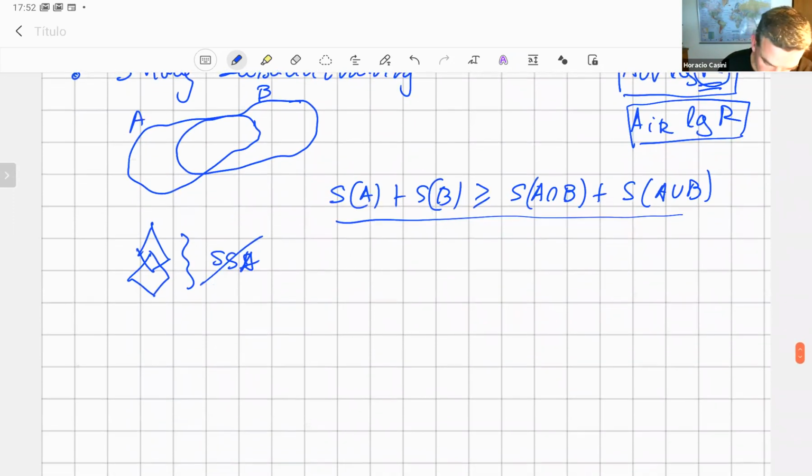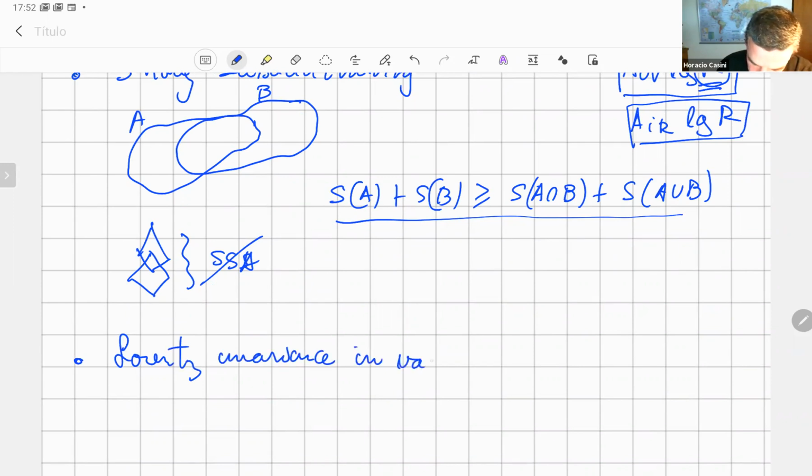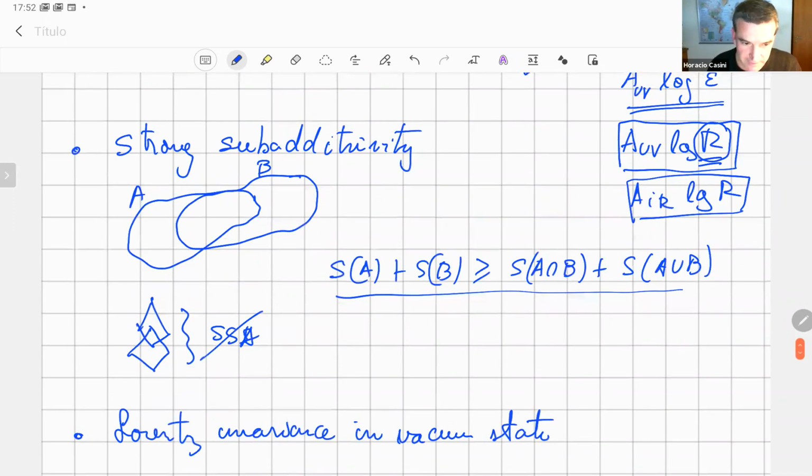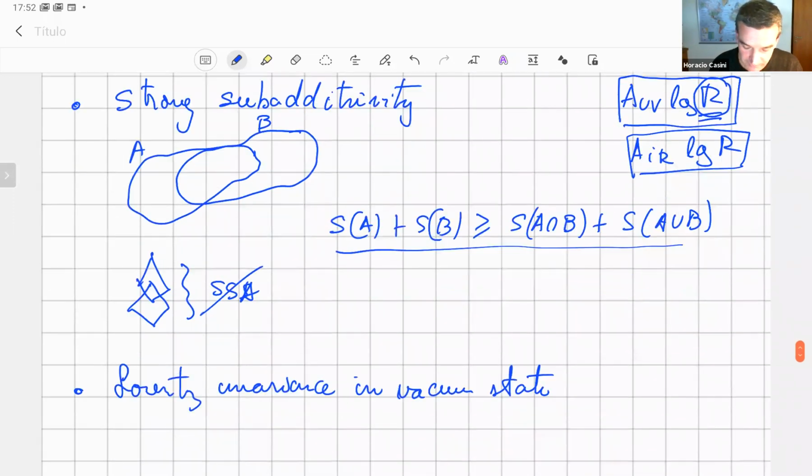And the third thing that we will use is Lorentz invariance, in vacuum state. So once you accept all these three things, everything turns out to be just a geometric thing.